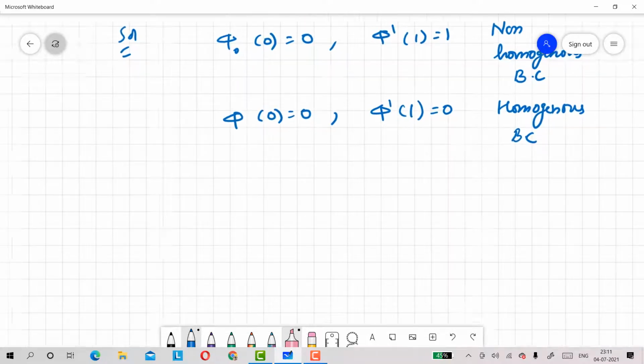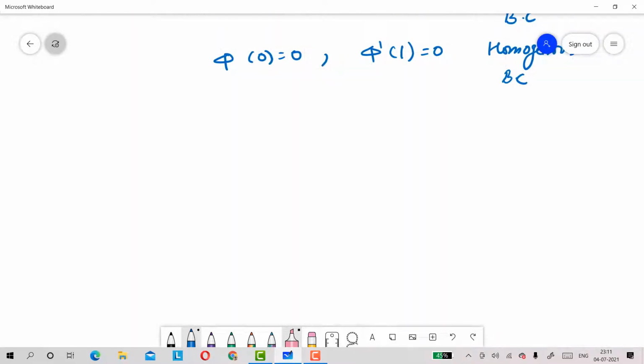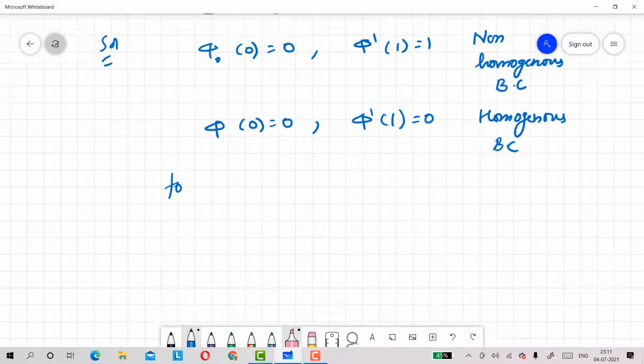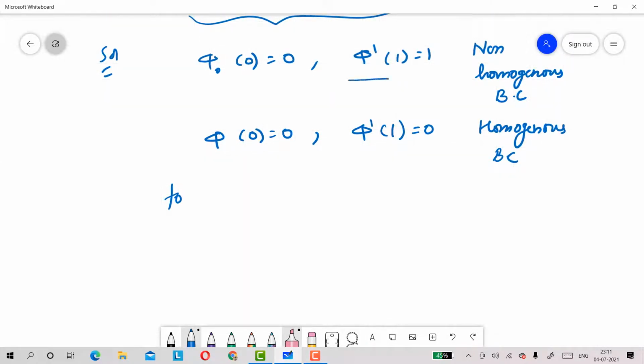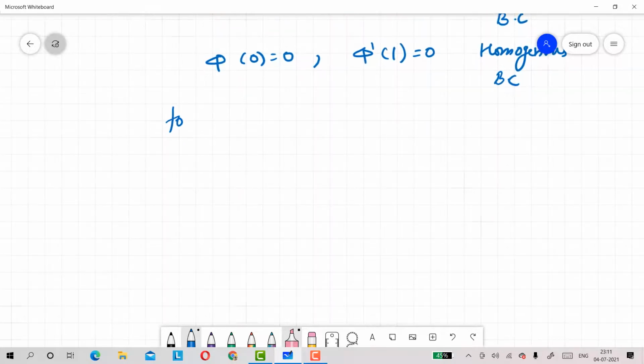If you have confusion about non-homogeneous and homogeneous boundary conditions, you can check out my previous video. I have explained it earlier. First we will deal with this non-homogeneity. Then once this non-homogeneity is removed, we will choose homogeneous functions.